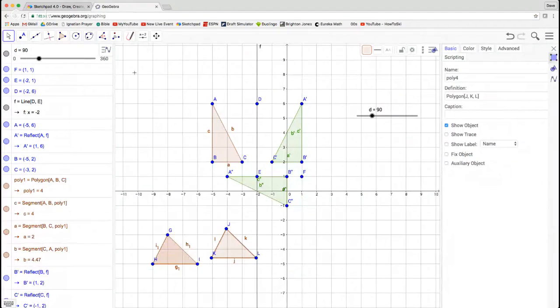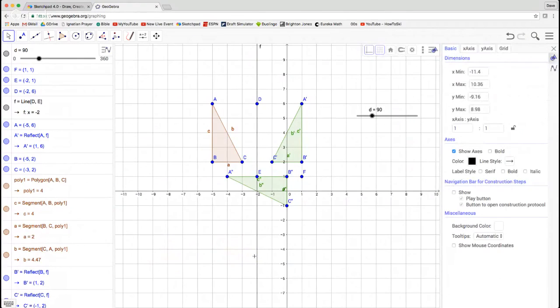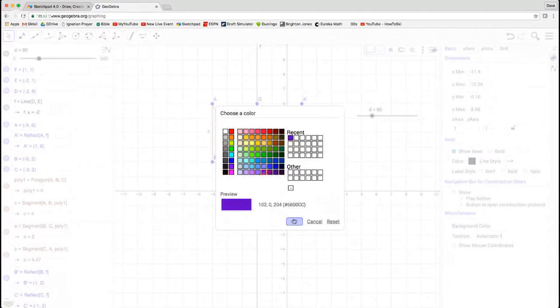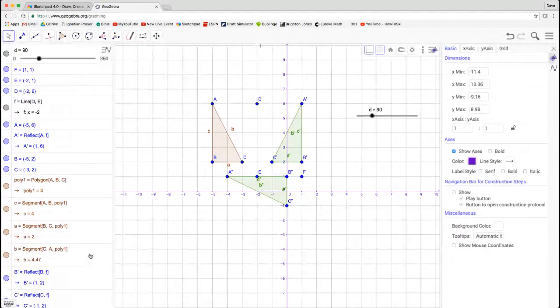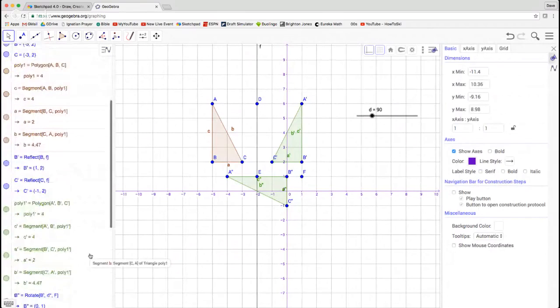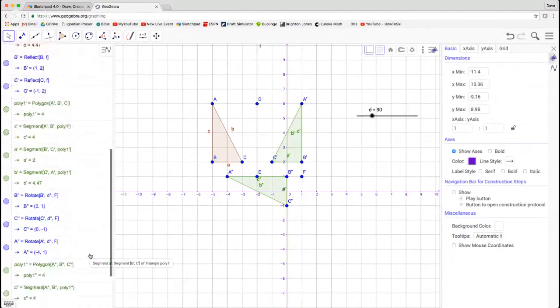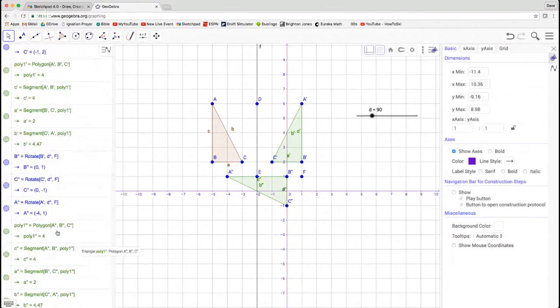What I want to do in section 2 is I first want to get rid of these objects that I drew earlier for you. And we want to look and say, how can I get from object, wait a minute, let's just a sec. Let's poly A prime, B prime, C prime.